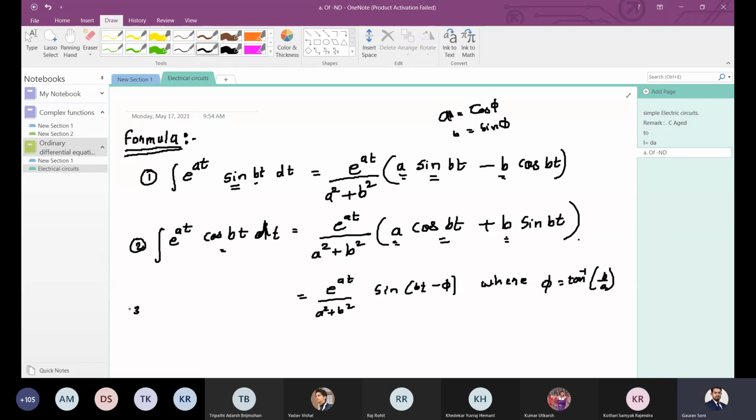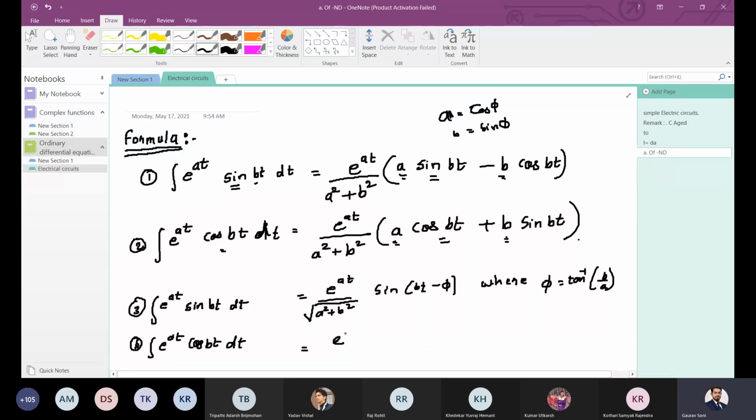So even this formula can be used for the integral of e to the power at sine of bt. Fourth one, integral e to the power at cos of bt. No, this has to be under root, sorry. This change will be there.